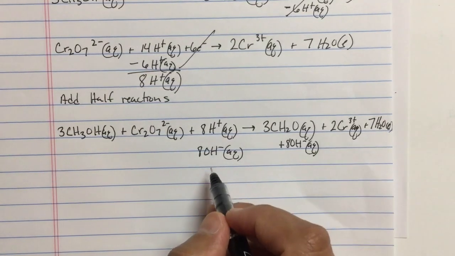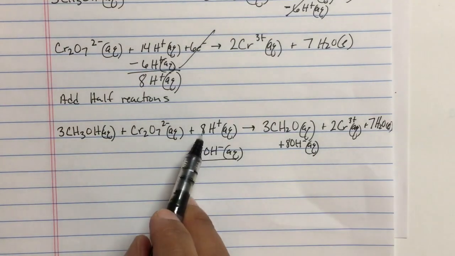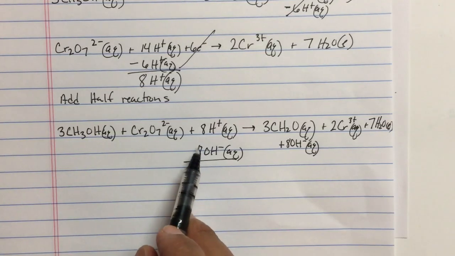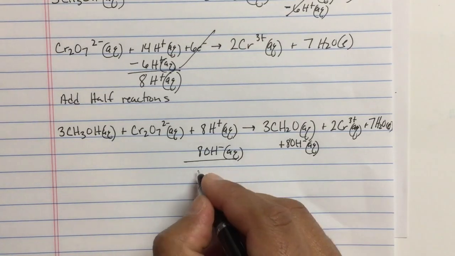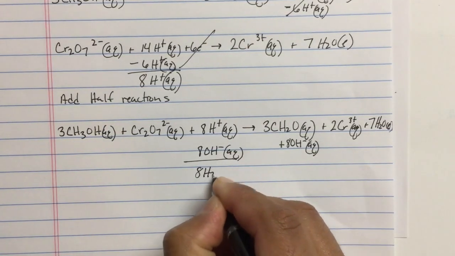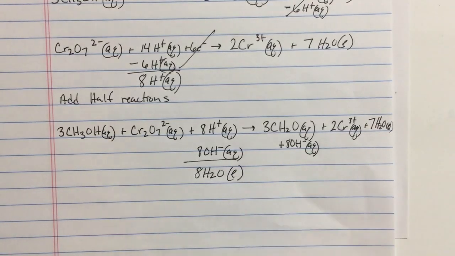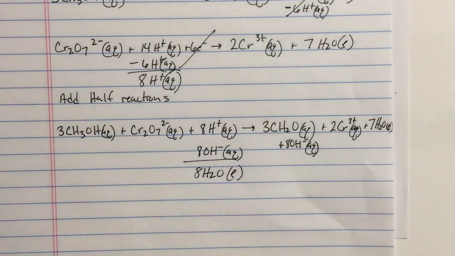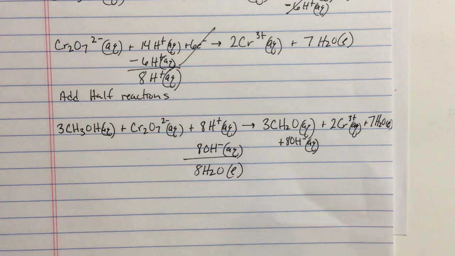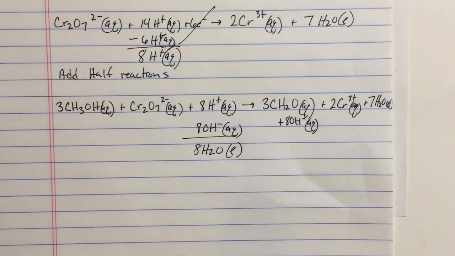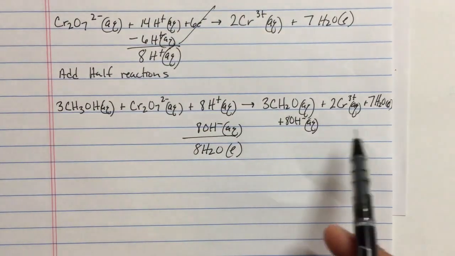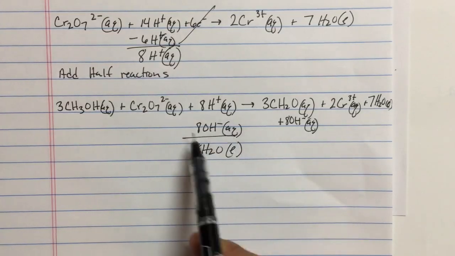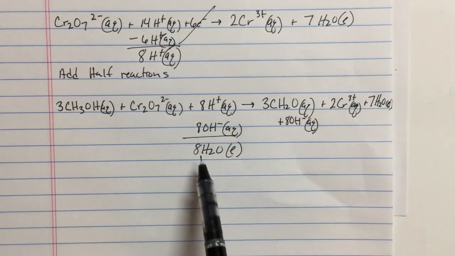Now, what's the consequence here? 8 hydroxide and 8 hydrogens give us 8 water. That's part of the neutralization. So we're going to have another one of these canceling out to do, because now, because of the hydroxide, we've got the 8 waters.